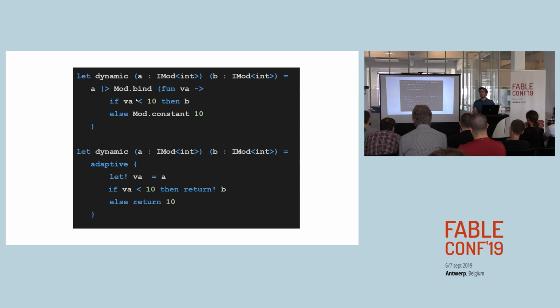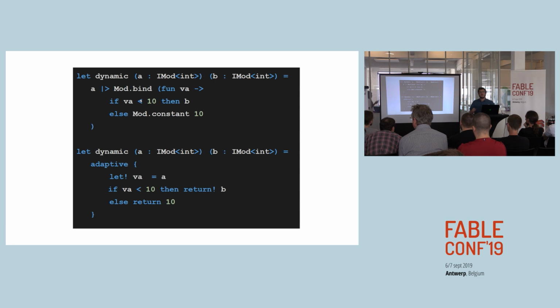This is useful if you're writing bigger view functions. You have a lot of mod map and stuff inside. Also, if you're working with lists, we have special computation expression builders for lists, sets, maps, etc. And this is awesome because it's particularly interesting for beginners. They often don't even recognize that they are writing adaptive incremental code. It just works. And if you're not doing side effects, it really works.